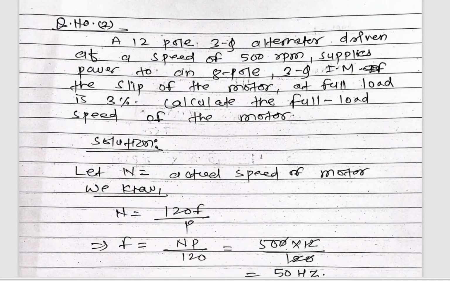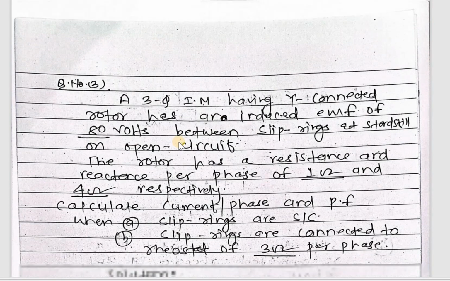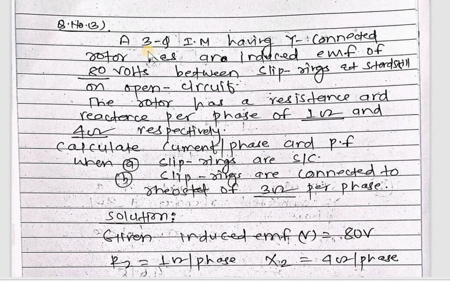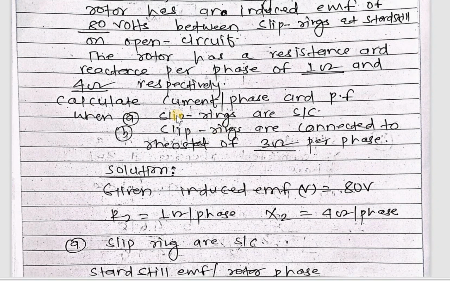This is numerical second. And numerical third is like this: a 3-phase induction motor having a star connected rotor has an induced EMF of 80 volt between slip rings at standstill on open circuit. The rotor has a resistance and reactance per phase of 1 ohm and 4 ohm respectively. Calculate current per phase and power factor.